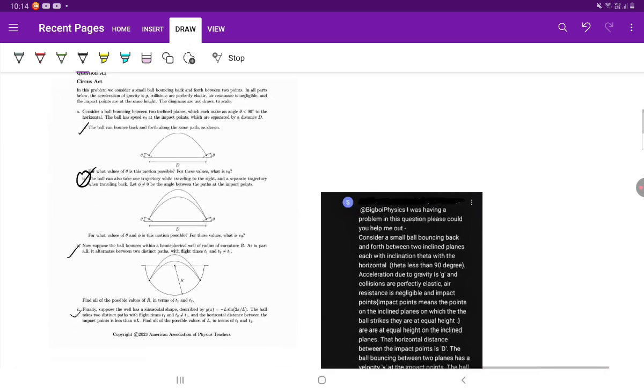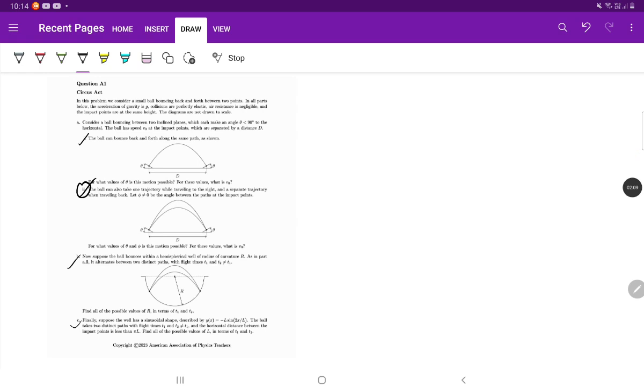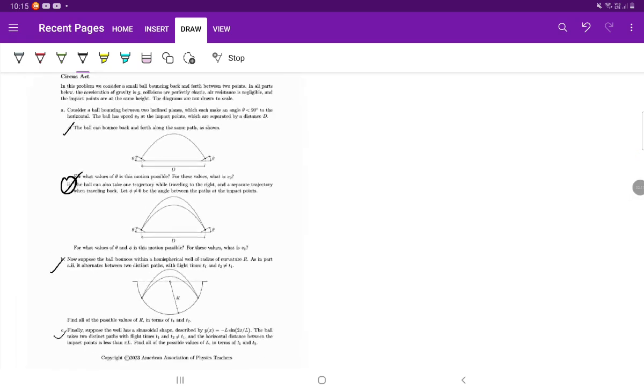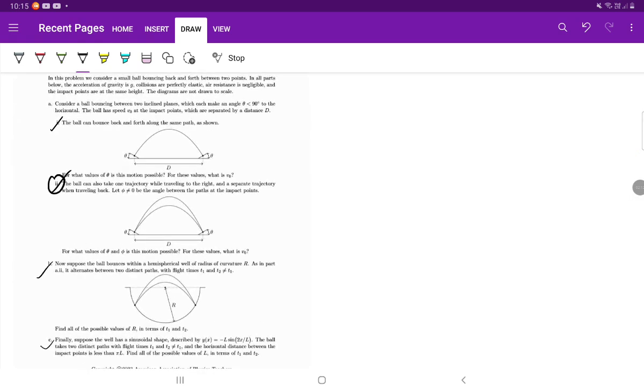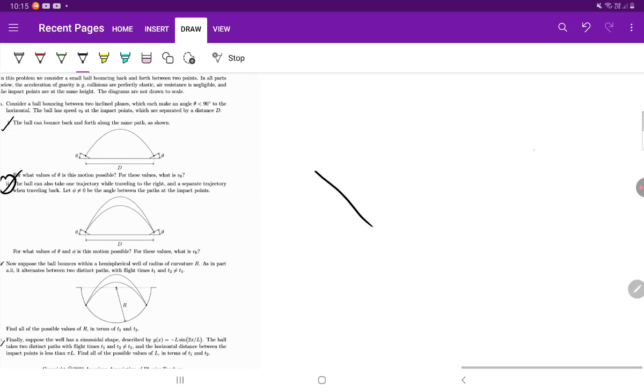For convenience, I am deleting the picture consisting of his post. Now, the first question says we have to basically trace the path. Observe one thing: if the ball has to trace the path, and given that the collisions are elastic, the coefficient of restitution is 1.